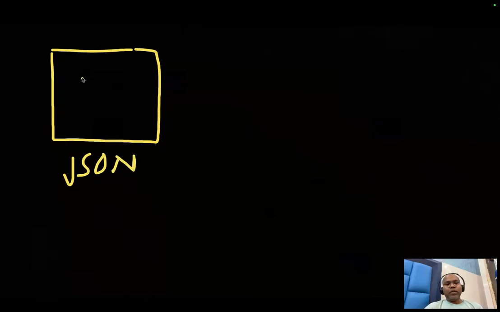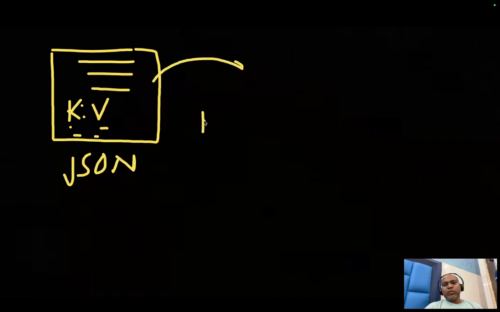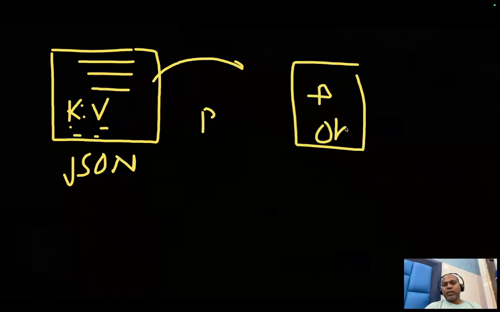Whatever string representation of JSON we have, JSON generally has keys and values, key value, key value, and these key values we can easily parse using the JSON library and convert to a Python object. Once we have a Python object, we can easily perform all the operations which the Python object supports.